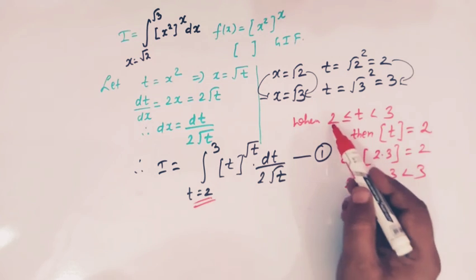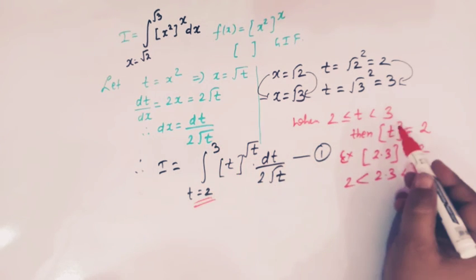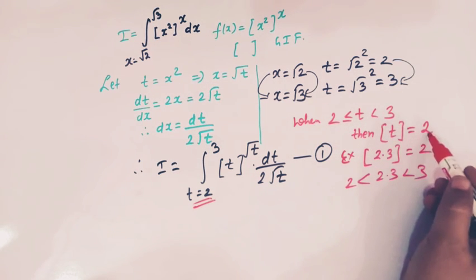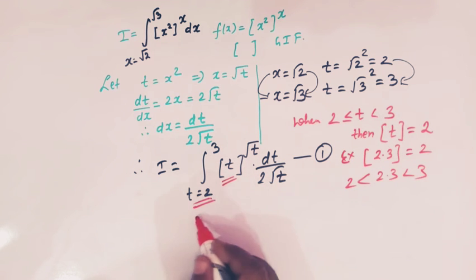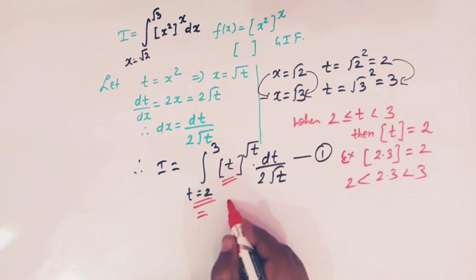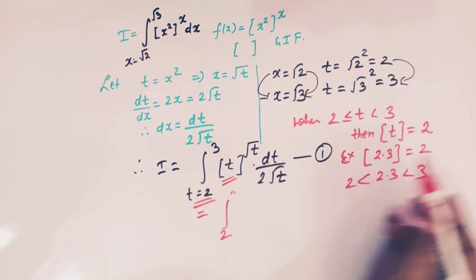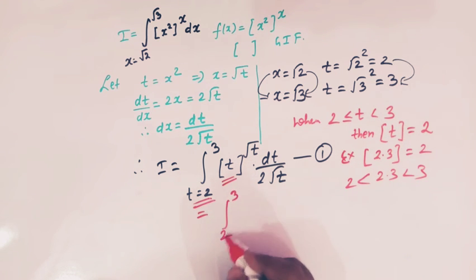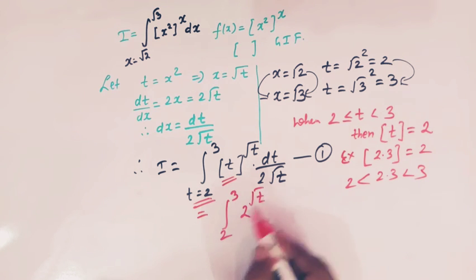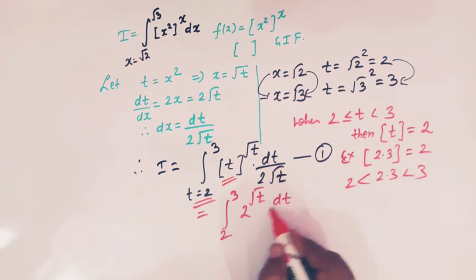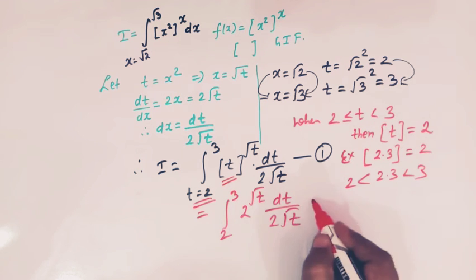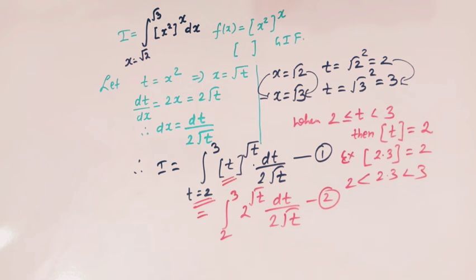So when t lies between 2 and 3, the value of greatest integer t is equal to 2. So here we'll substitute 2, and we have the integral from 2 to 3 of 2 raised to square root of t, dt over 2 times square root of t. So now this integral 1 is reduced to integral 2.